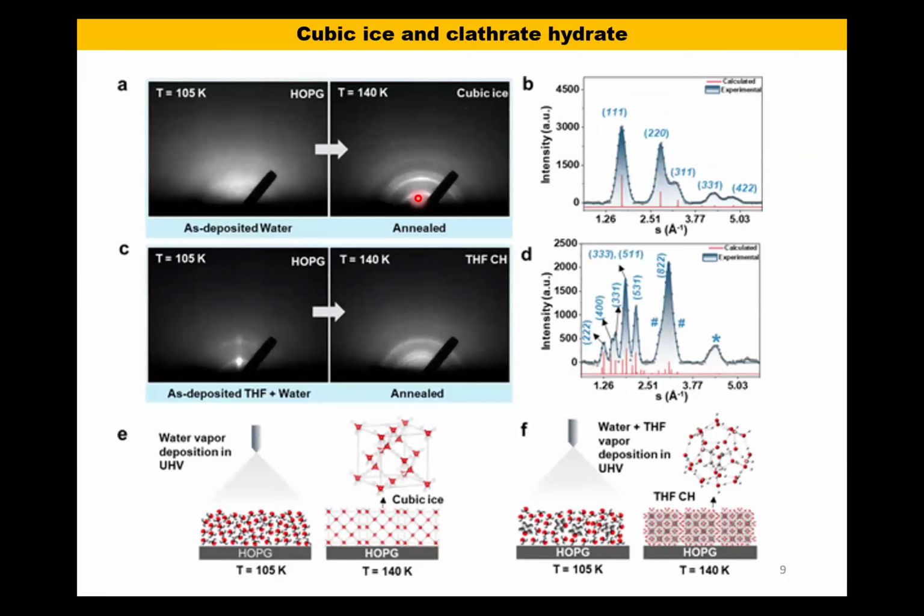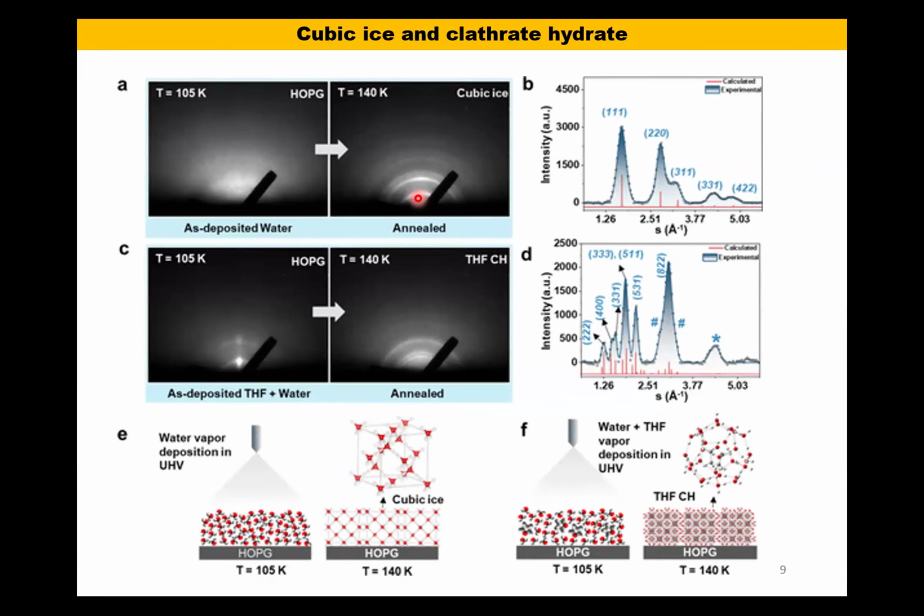At temperature 105 Kelvin, you're showing this amorphous water, whereas as you're annealing, cubic ice is formed. Can you explain the basics of what's happening here? I would expect the other way around.